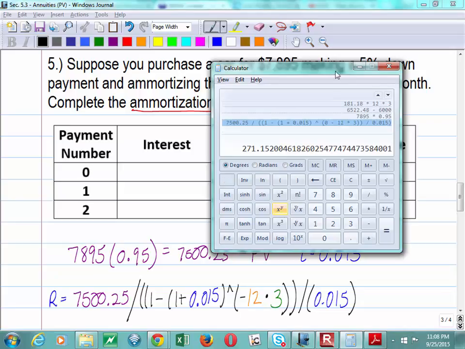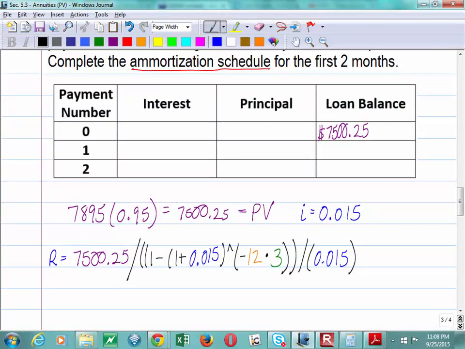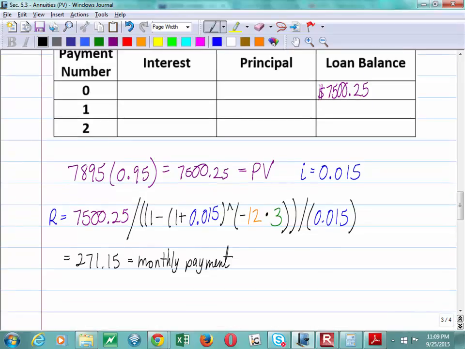Alright, $271.15 is your monthly payment. Now we need to figure out how much interest you have to pay with your first payment. To do that, we're going to take the principal of the loan multiplied by the monthly interest rate.